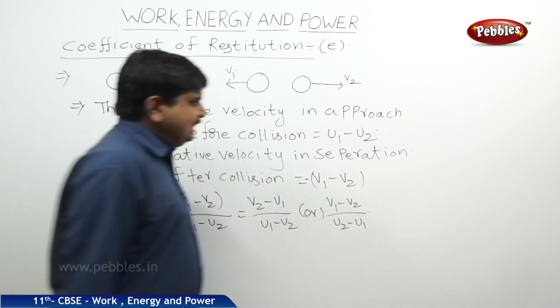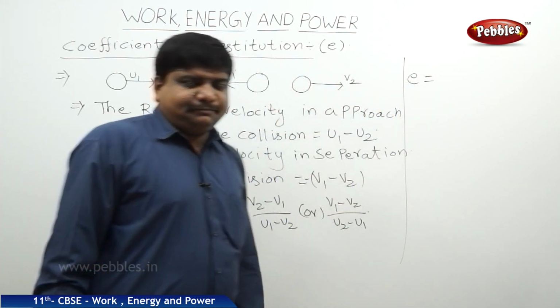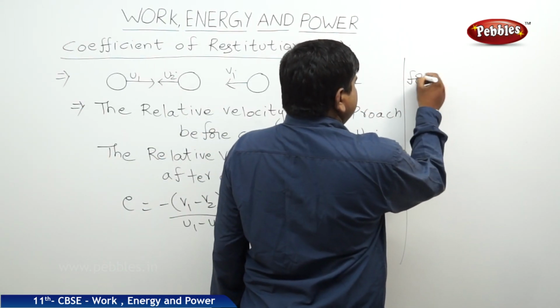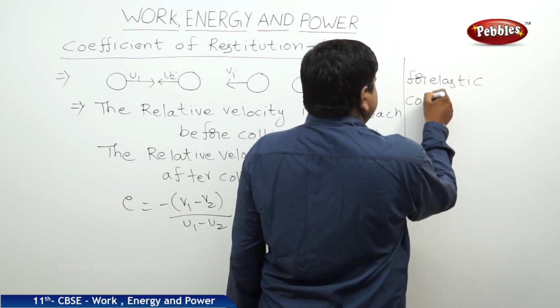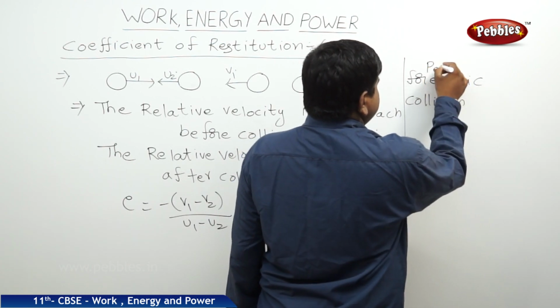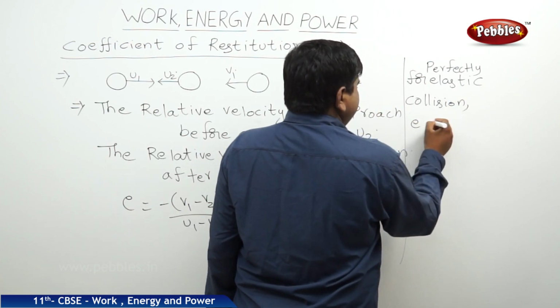This e value is different for different types of collision. For elastic collision, or perfectly elastic collision, e value is 1.